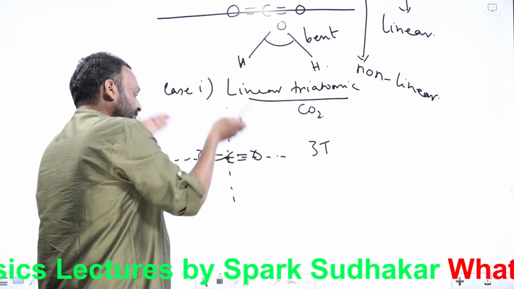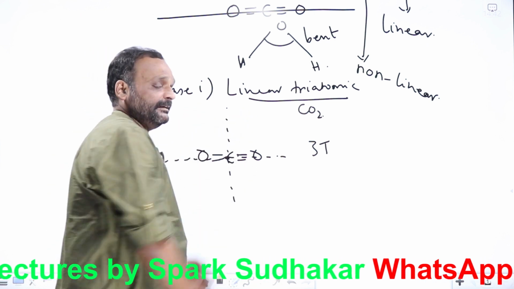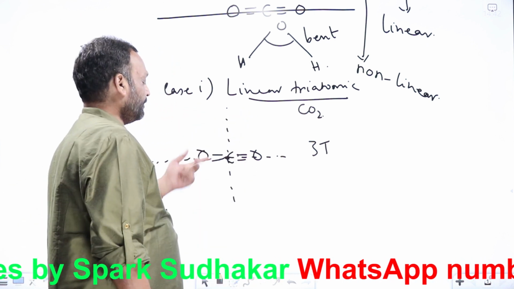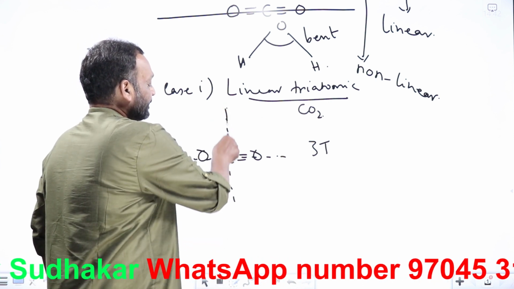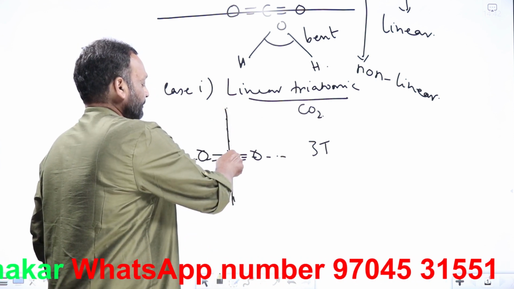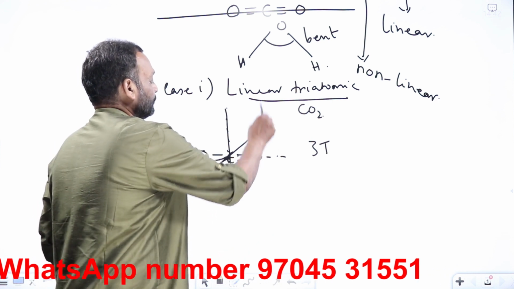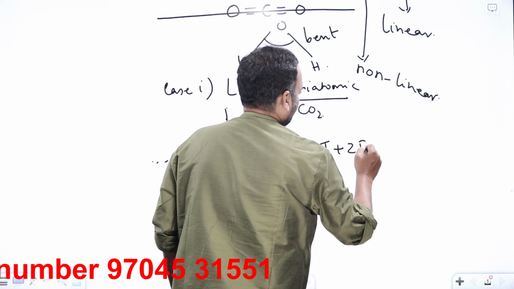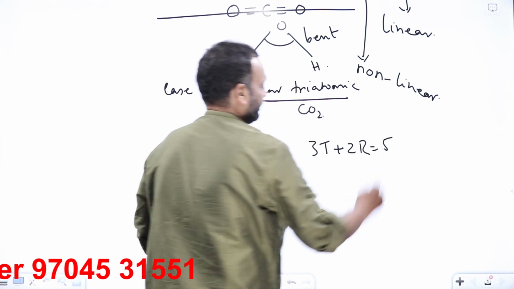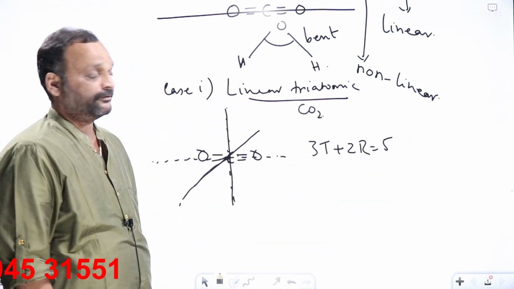Why? The 3 atoms are on that axis only, and atoms are taken as point masses. So there is no mass distribution about the axis, r will be equal to 0. So a linear triatomic molecule has 2 rotational degrees of freedom. So here also 3 translational plus 2 rotational, totally 5 degrees of freedom.